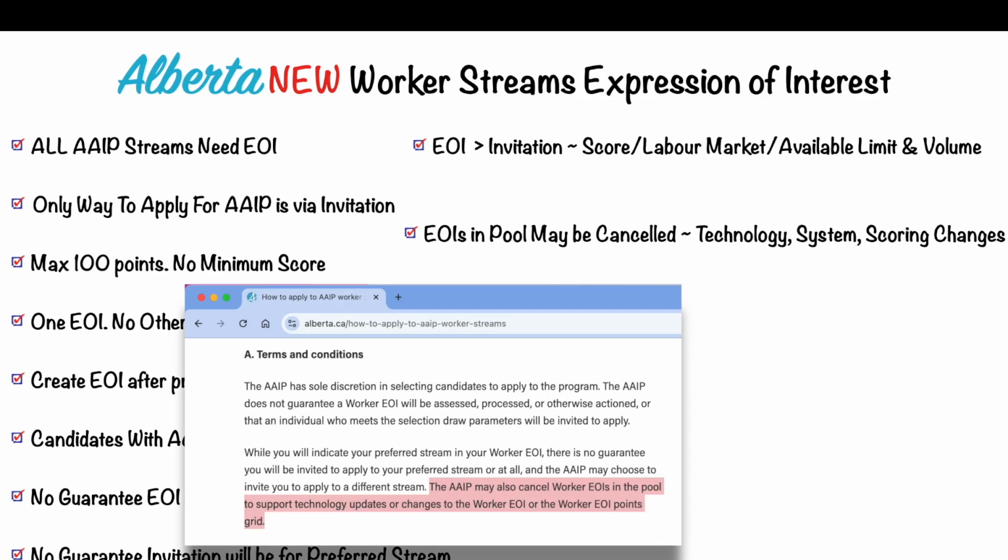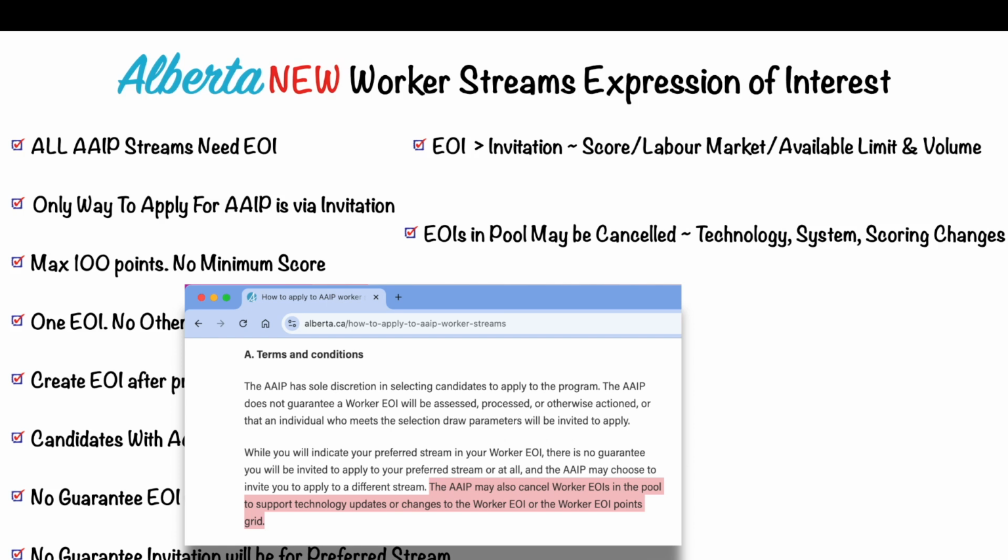An expression of interest in the pool at any point of time may be cancelled, and this may be done to accommodate any kind of technological changes or system changes or scoring changes. For example, right now Alberta has a scoring system between 0 and 100, and that is how each expression of interest is evaluated.